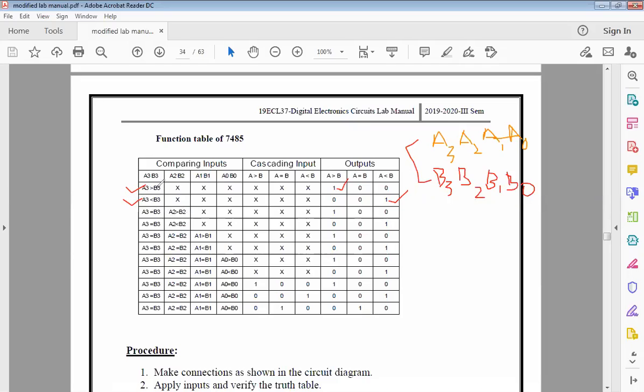Now since all these are equal, students, try to understand, since all these are equal, this will not be considered for my outputs because all are equal. Now here one more column is getting added, so in that case only this will be considered. Do you agree? Yes or no?